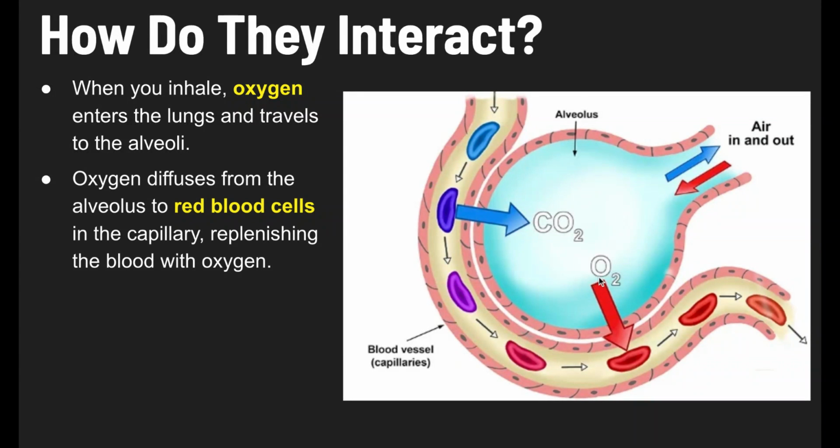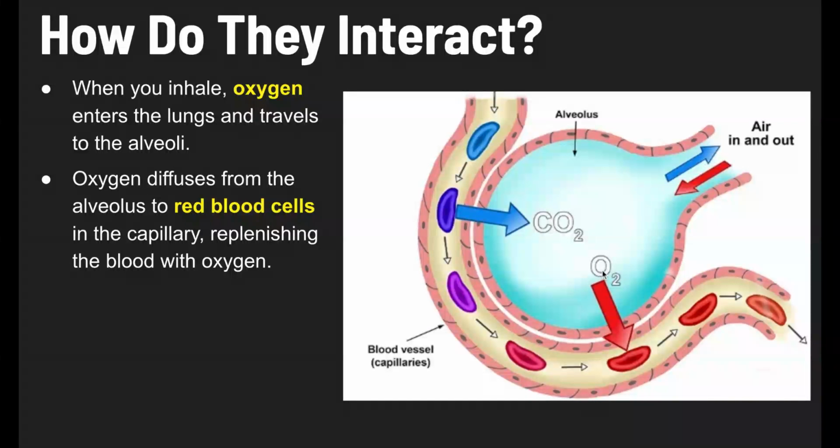Then the oxygen diffuses from the alveolus into red blood cells. And these red blood cells that you see here at the bottom, these are in your blood, which is flowing through your capillaries.